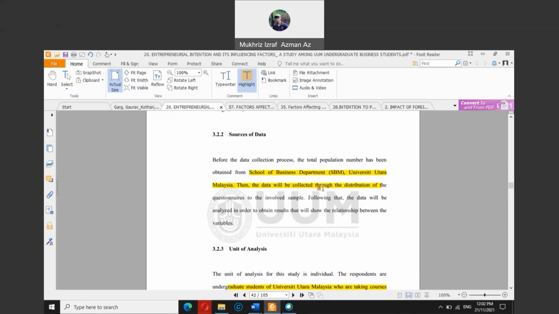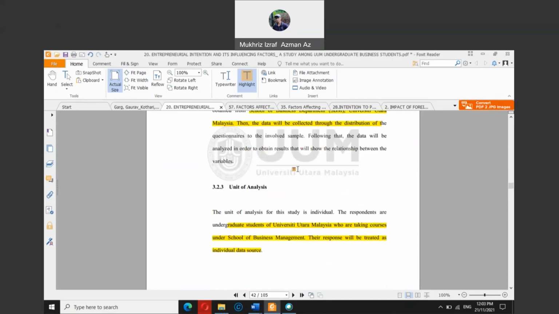So your sample information must contain students that come from these four programs as well, as part of your analysis. But the source of data, I think, is very simple and straightforward.